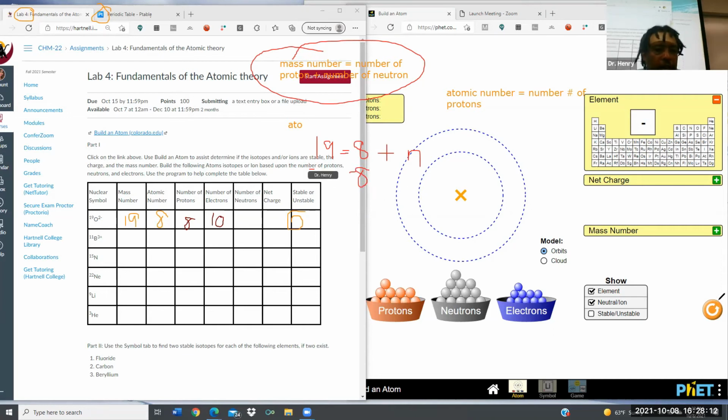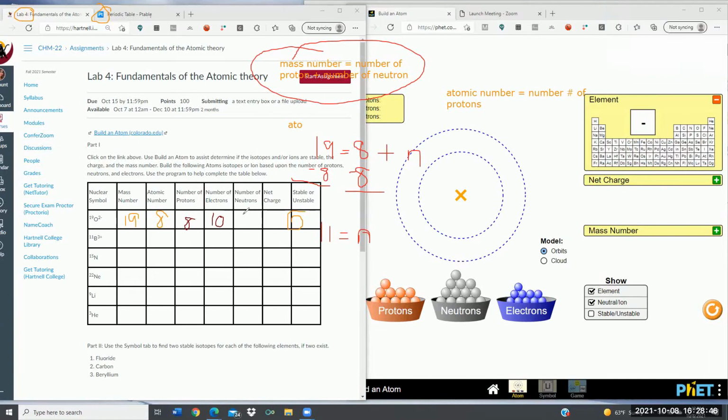So if I subtract 8, what am I going to get over here? 11. Yes, 8 minus 8 is 0, which just leaves me with n. So n equals 11, and my number of neutrons is 11.